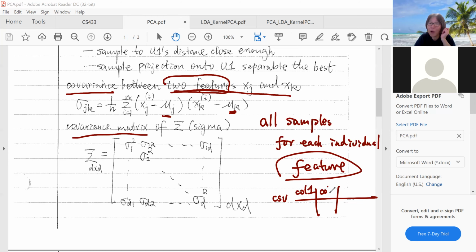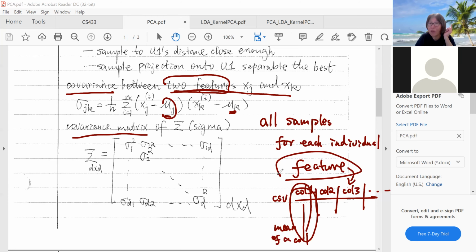Is it column 1, column 2, column 3? So that's regarding your features, okay? And this is a mean regarding the features, so basically it's the mean of a column. So you're going to take a mean from each column. So that's mu 1, mu j, and mu k, okay?